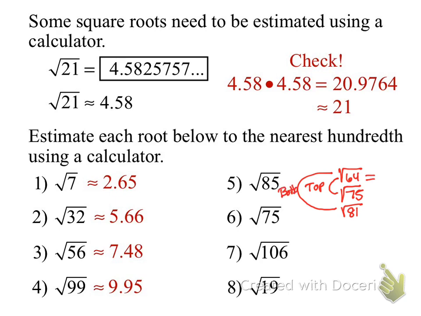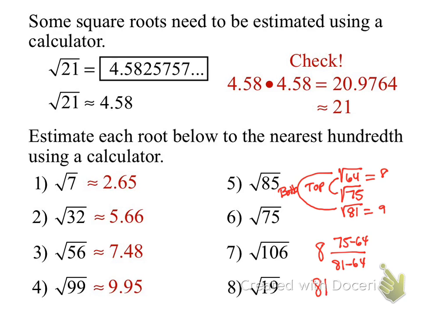We know that this is 8 and this is 9, so it has to be 8 point something, right? The top is 75 minus 64, and the bottom is 81 minus 64. What does that simplify to?